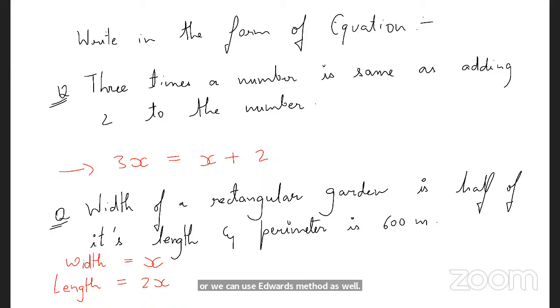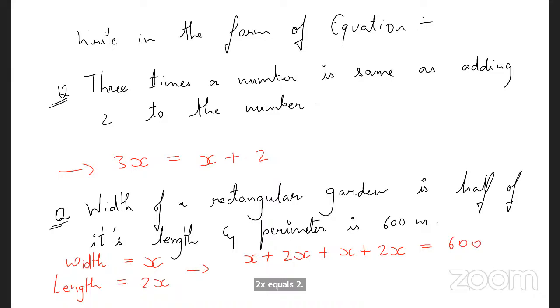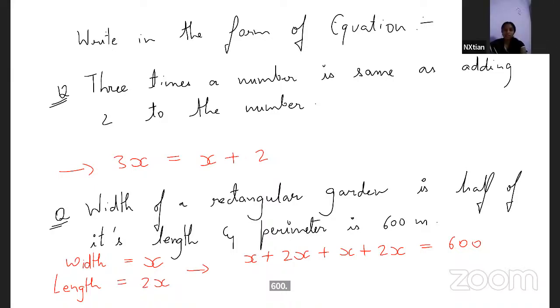So I add the widths and the lengths: x, a width, plus a length 2x, then another width x and another length 2x equals the perimeter 600. Now solve it. Ma'am, I got x equal to 100.